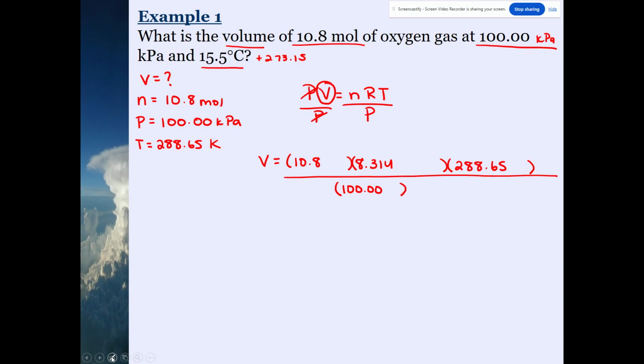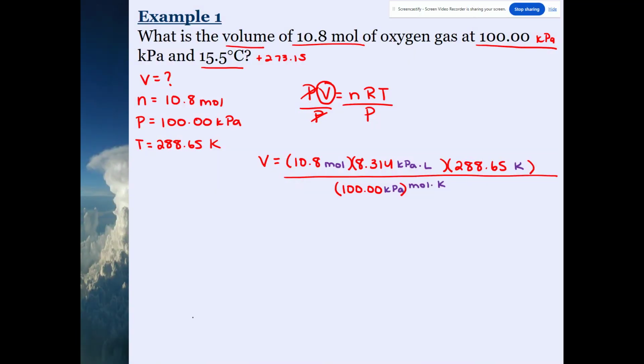Okay, I'm going to put my units, like I said, in a different color. So I had 10.8 moles. The units of R are kilopascal liters over mole Kelvin. My temperature was Kelvin, and my pressure was kilopascals. Okay?